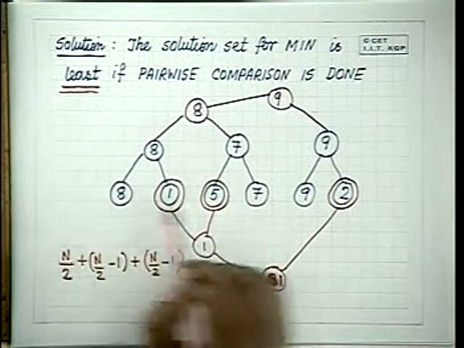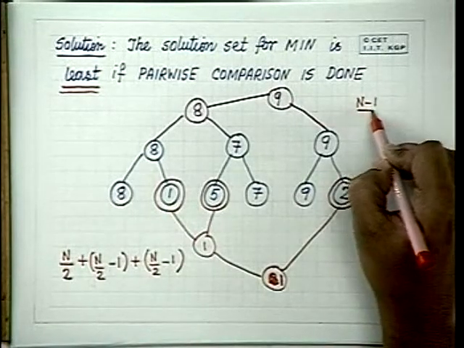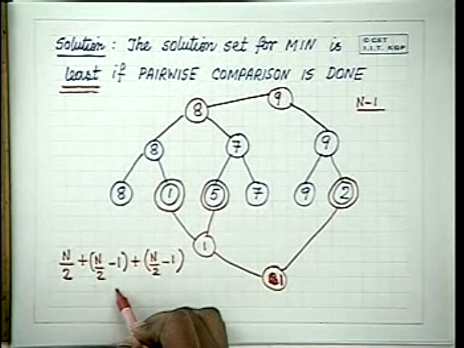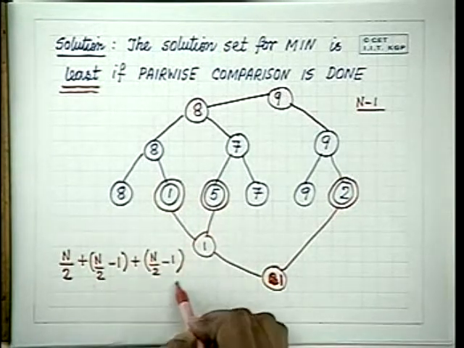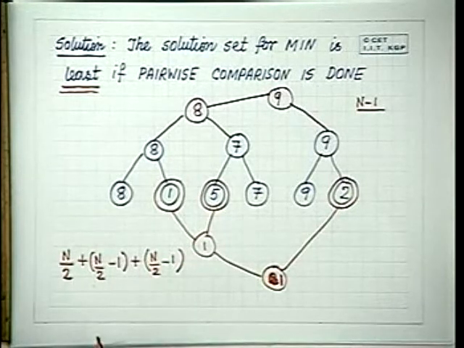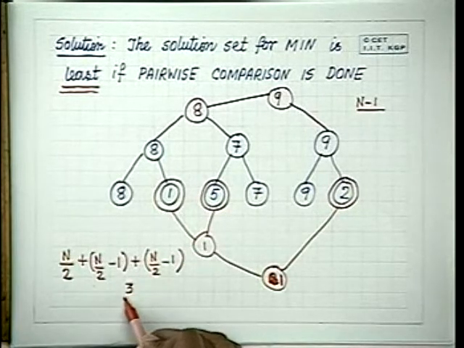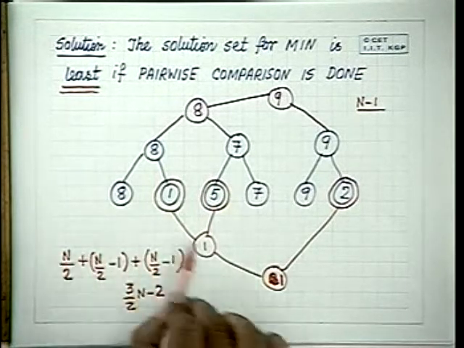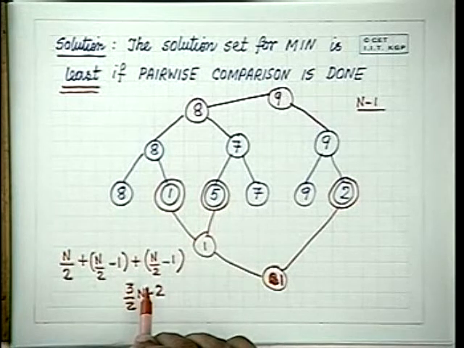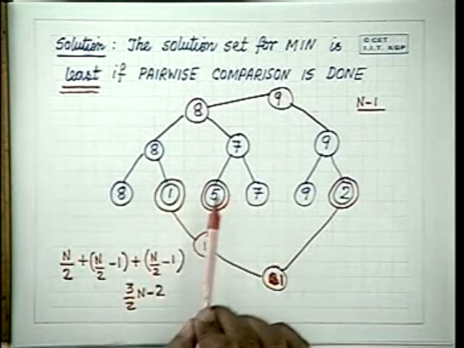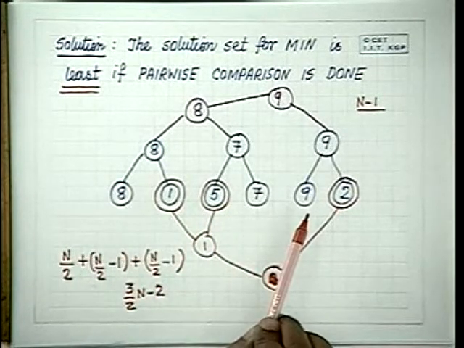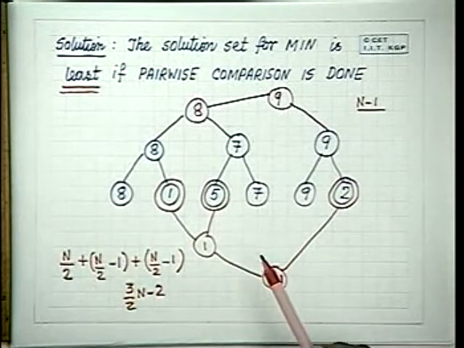To find the maximum among n numbers, you require n minus 1 comparisons. Therefore, to find the maximum among n by 2 numbers, you will require n by 2 minus 1. Similarly, to find the minimum among n by 2 numbers, you will require n by 2 minus 1. And you end up requiring 3 by 2 n minus 2. This is for even. For odd, you can take the case out and it will work similarly. For odd, what you do is, you leave one number out and do it for the even case, and then compare the last number with both the maximum and the minimum.